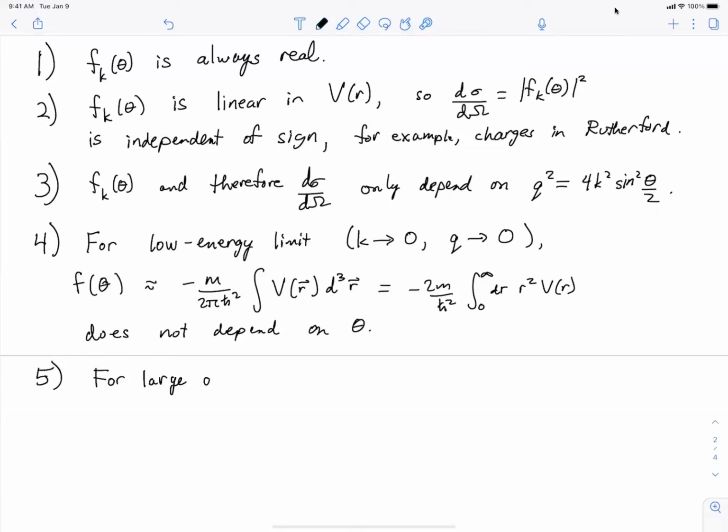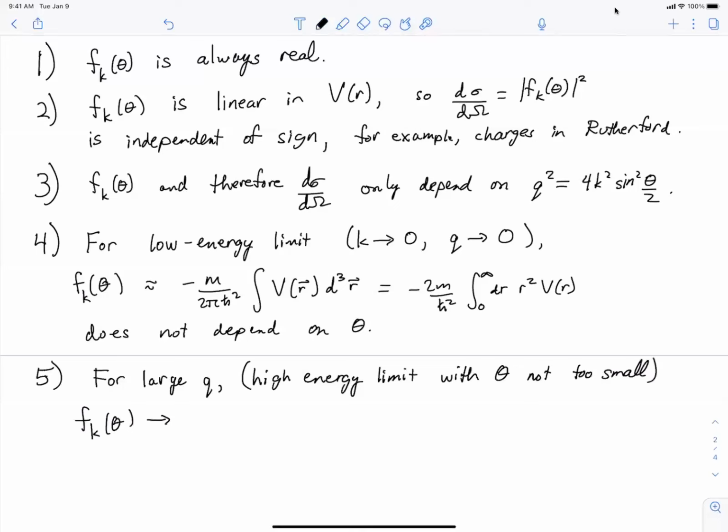So anyway, for large Q, high energy limit, as long as theta is not too small, then f_k of theta is going to go to 0.